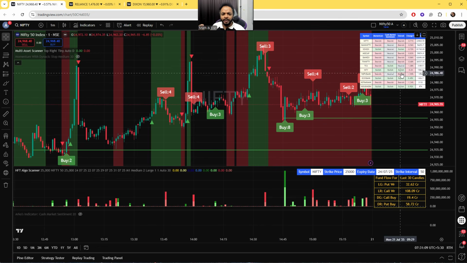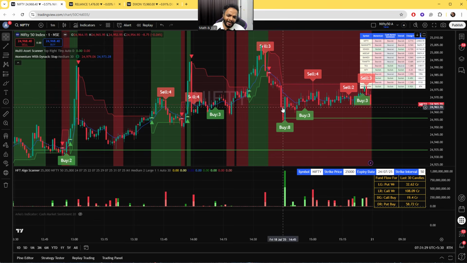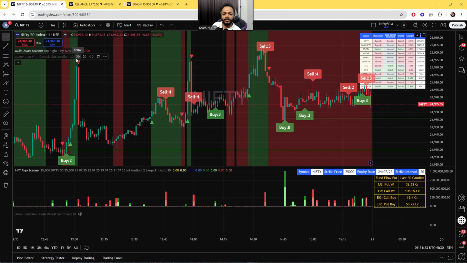In the multi-asset scanner you get the momentum as well as the cash market sentiment, so you don't need the other ones, nor the dynamic stop navigator. If you want to get an SL or something, you can use that. Otherwise you can simply ignore it.